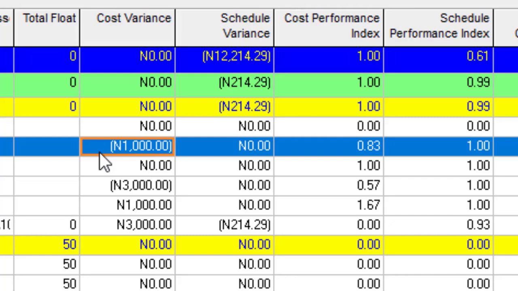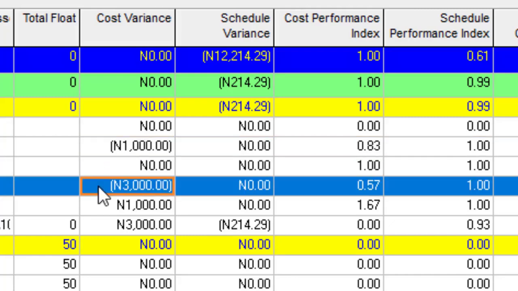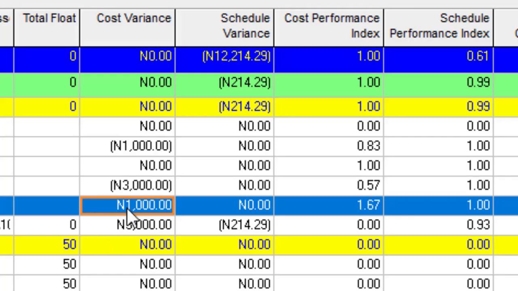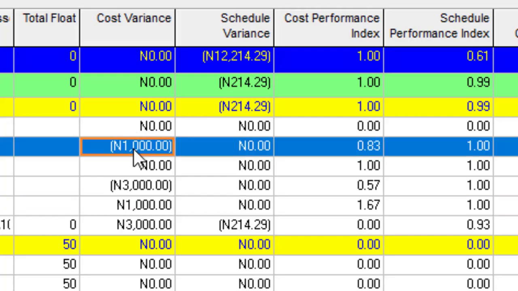Notice that the design building layout is over budget by 1,000. Then the M&E design is also over budget by 3,000. So in total, over budget is 4,000 for the two activities. The plumbing design is under budget by 1,000, so it cancels this other 1,000 for the design building layout.